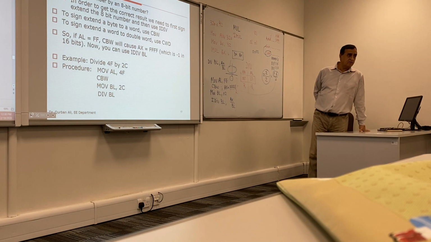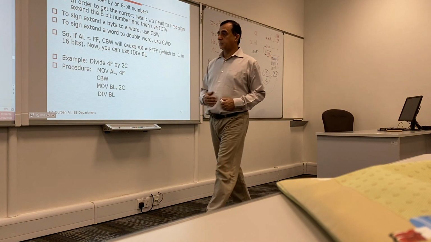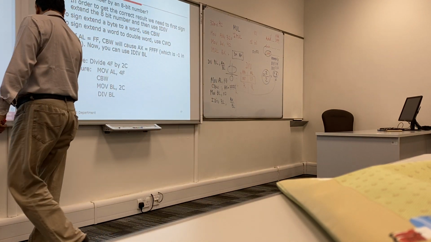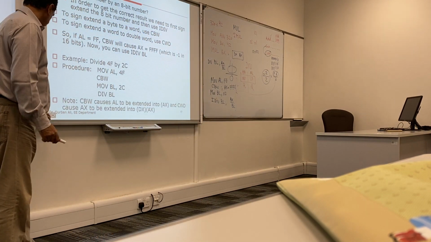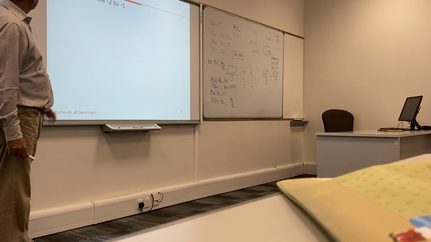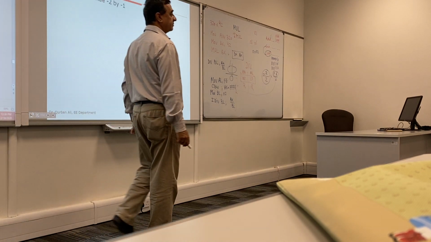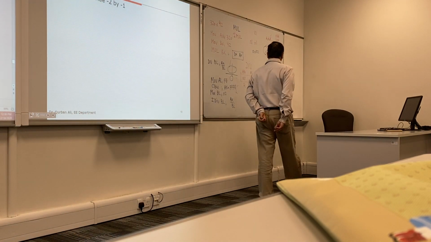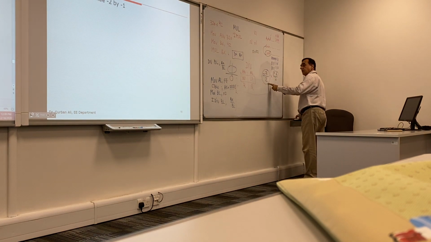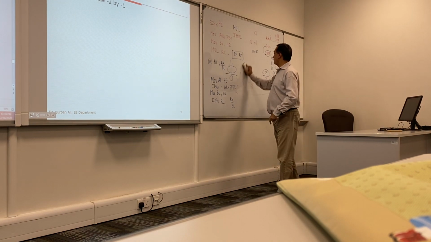Is it clear now? Okay. Maybe we will have another example: -2 by -1. What will I do? This is easy, like we did it here, exactly the same way.